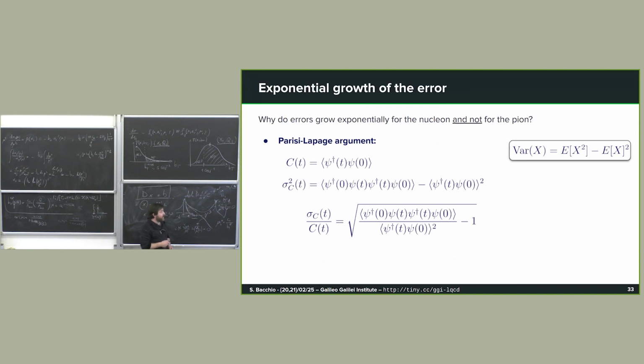The variance of a correlation function is the square of it, right? So it's the mean of x square minus the mean square, okay? So a relative error, if we do sigma divided by C, you get this formula here. This is trivial, right? You do the square root of it, and you have this result. All good up to here?